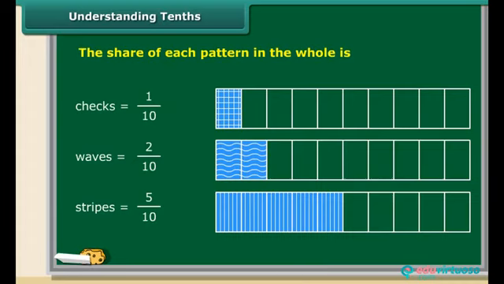Such fractions are called tenths. Thus, while one part is 1/10, two parts show 2/10, and 5 parts represent 5/10. 1/10 can be written as 0.1 in decimal notation, 2/10 as 0.2, and 5/10 as 0.5.